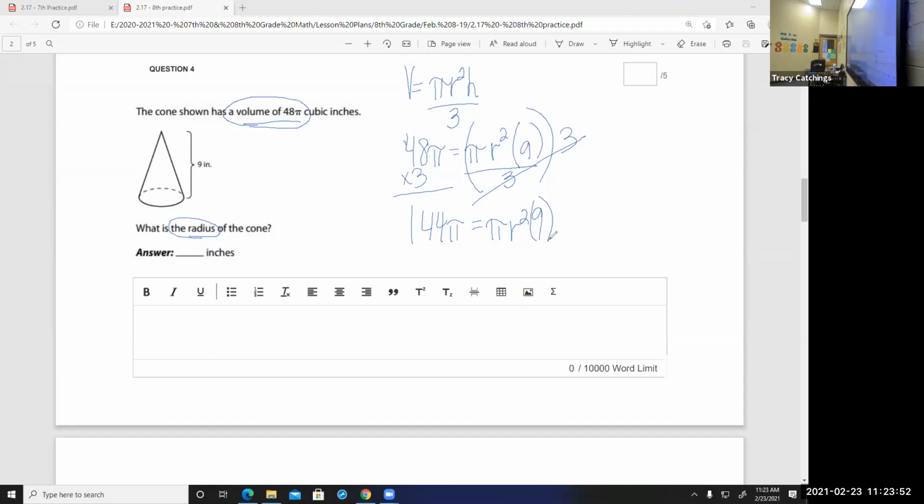Is anything the same on both sides? Good job. The pi is on both sides, so we can eliminate both of them. So now we have 144 is equal to 9 R squared. We still got to get R by itself. So now we got R squared is equal to what?